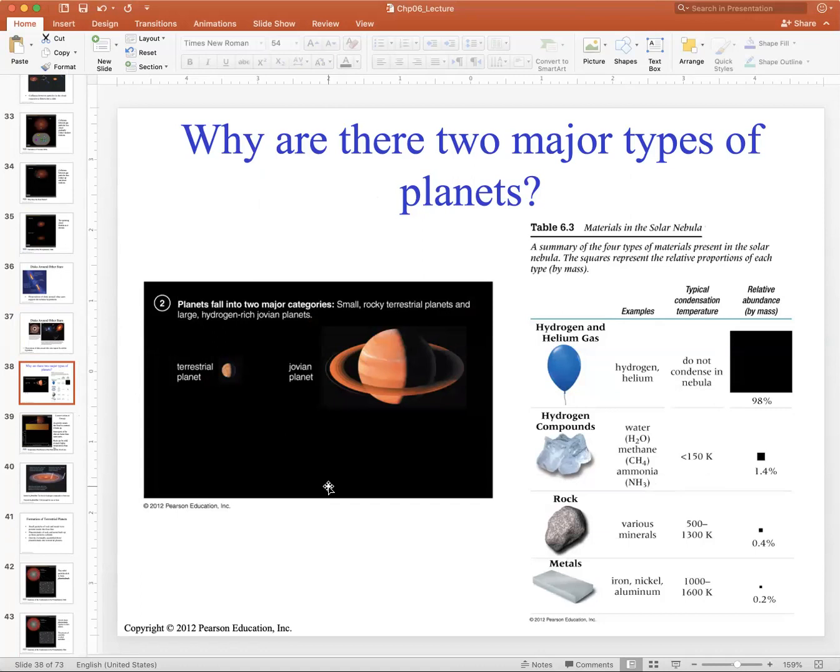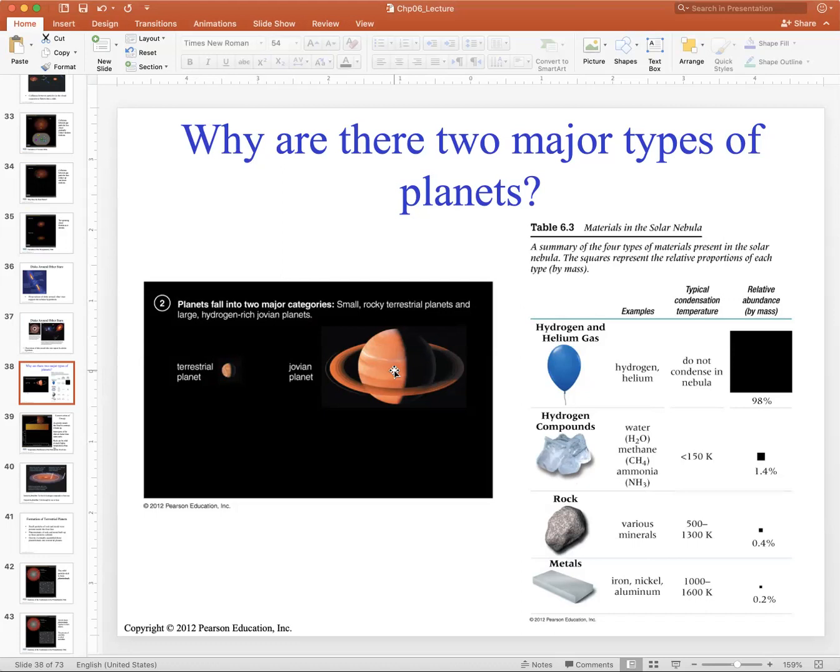Okay, so the reason for that is pretty easy to explain, because the terrestrial planets form in a region which was so hot that all of the ices that were there couldn't condense. And Jovian planets form in a position in the solar nebula which was so cold that these ices could condense on the surface of these dusty grains. So that's why they are icy, in fact. And so that's the reason.